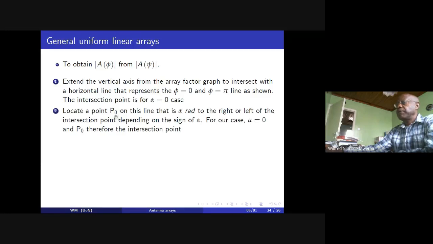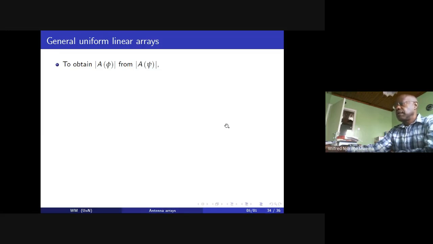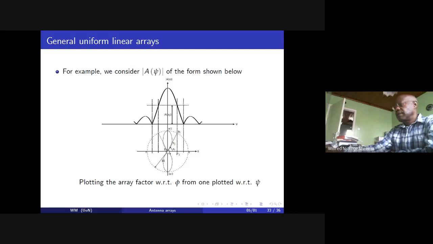Then we locate a point P0 on this line, that is α radians to the right or left of the intersection point, depending on the sign of α. That is, if you look at that, we have the P0, which is the case of α. Then, depending on the α that we have, we can draw either P1 or P2 here, considering the sign of α, which is the phase shift of the excitation current.